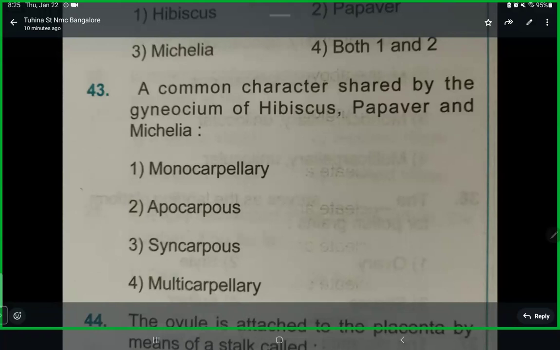Oh, okay, yes sir. I thought single also meant free, so I categorized hibiscus under apocarpous. No, no, because you can eliminate by papaver and michelia. Papaver is syncarpous and michelia is apocarpous. They are asking the common character of the gynoecium.